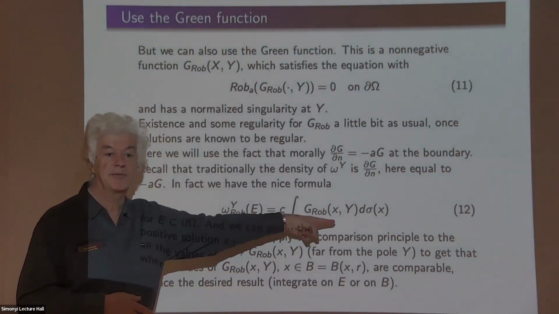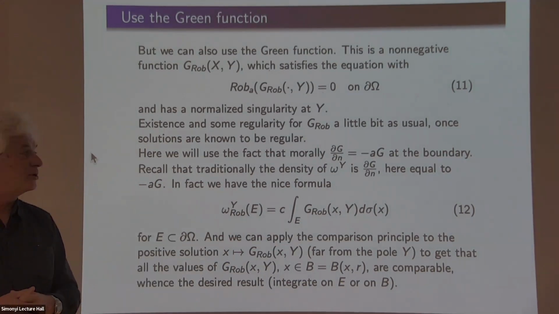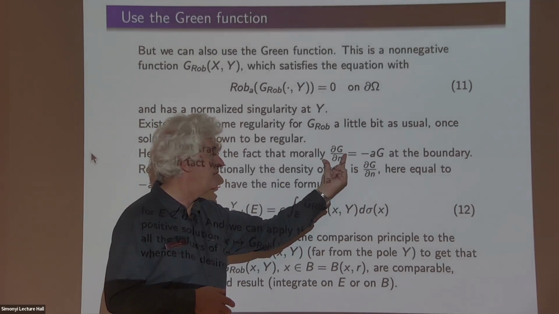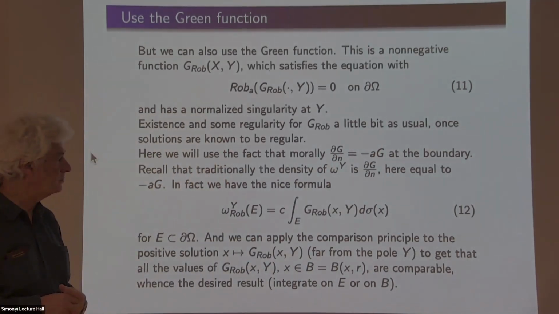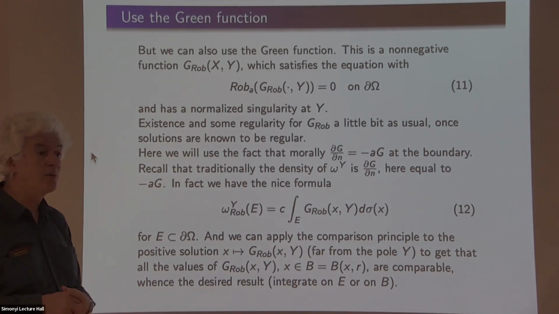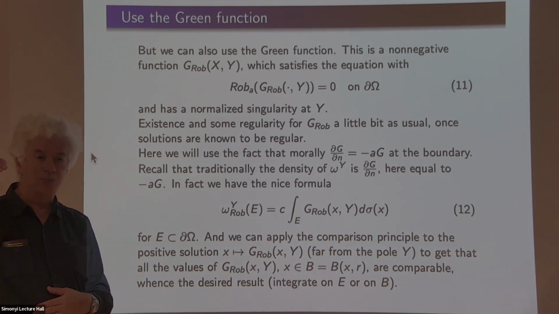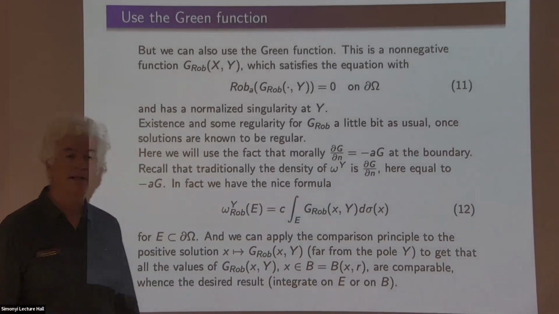So this is something that says the Poisson kernel is given by the Green function. And usually the Green function satisfies this, that dG/dn is equal to the normal derivative of the function u, which should be giving you the Green function. But here we have a solution, so its normal derivative is equal to a times itself.